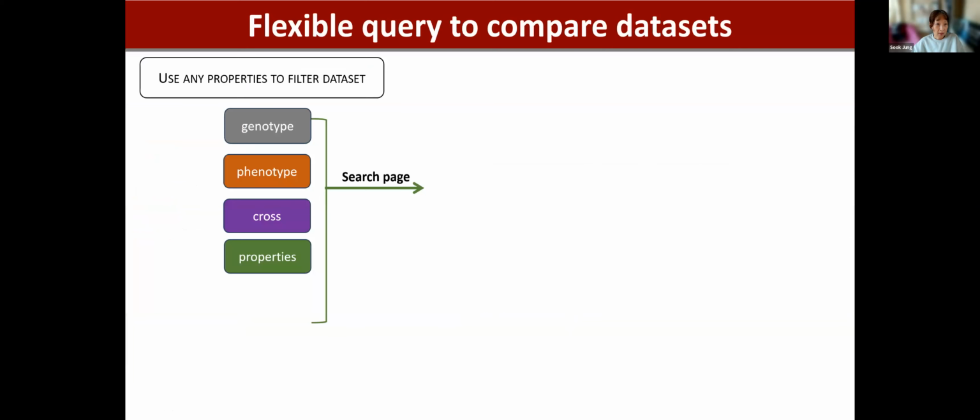So as I've shown you, BIMS will allow you to do some flexible queries to compare data sets. You can search by genotype, phenotype, cross, or properties. And then you can create an accession list, and then you can use that in the query as well.